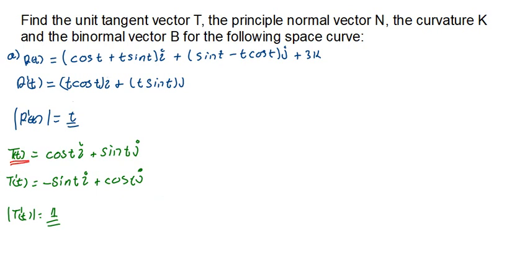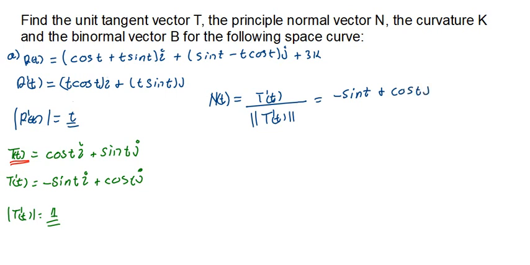Okay, so now what about the principal normal vector? So the principal normal vector, which we indicate as N evaluated at t, is equal to the first derivative of the unit tangent vector divided by the magnitude of the first derivative of the unit tangent vector. And we found that the first derivative is minus sin t plus cos t.